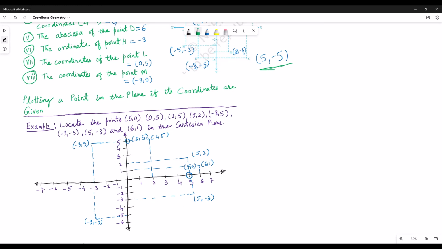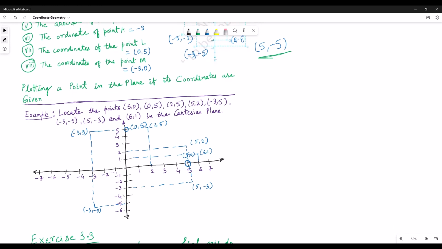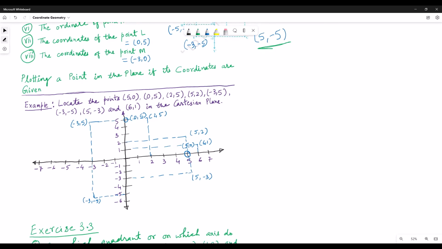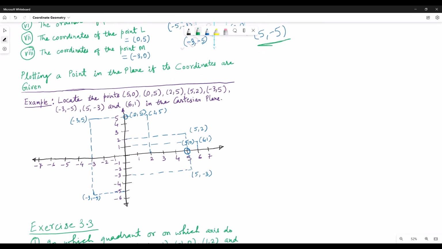Plotting a point in the plane if its coordinates are given. In the same way we can do all these exercises. Locate the points 5, 0. 5, 0 is 5 in the x direction, and the y direction is 0, so that will be on the x axis. And 0, 5.